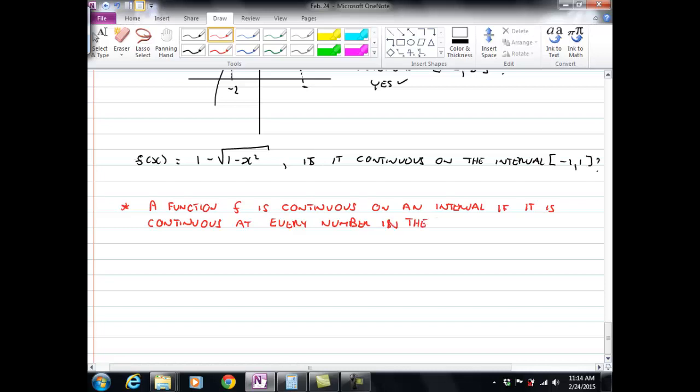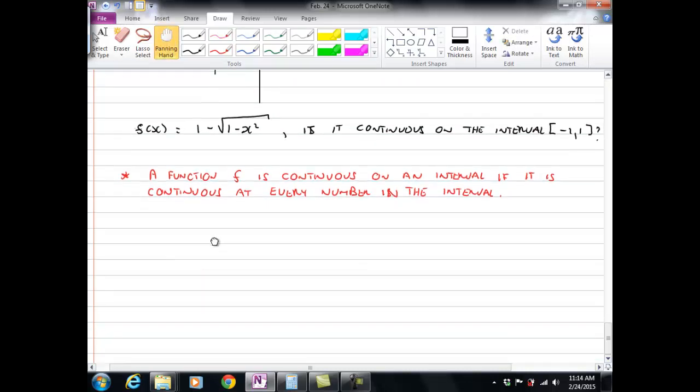Every number in the interval. But again, this theorem doesn't really prove anything yet. So I'm going to teach you a bit more about this theorem.